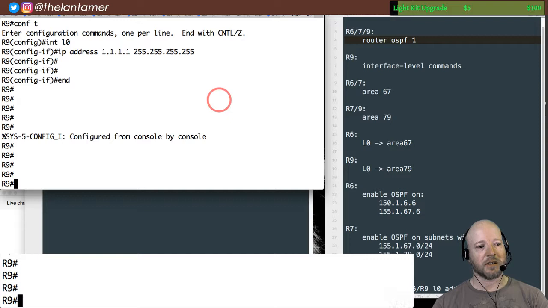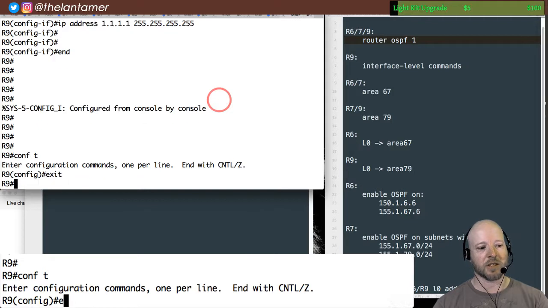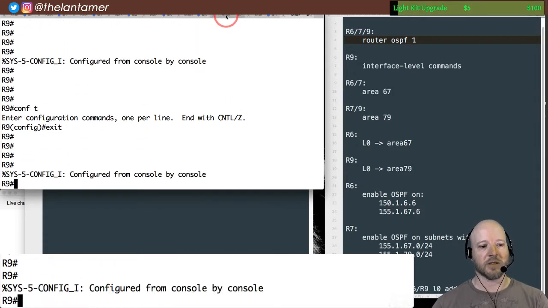So first of all, how does that impact the router ID? It's going to be derived, right? So let's change that. Router OSPF. Okay. So now I want to have a different router ID than my loopback 0 address, because right now it's probably set to my new loopback address.